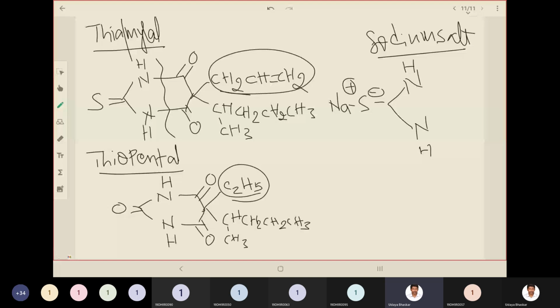If you observe, this is an amyl group. Amyl group, what is it? A 5-carbon group with one penultimate, that means the last carbon is branched. That is amyl, so that is the reason for the name thiamylal.